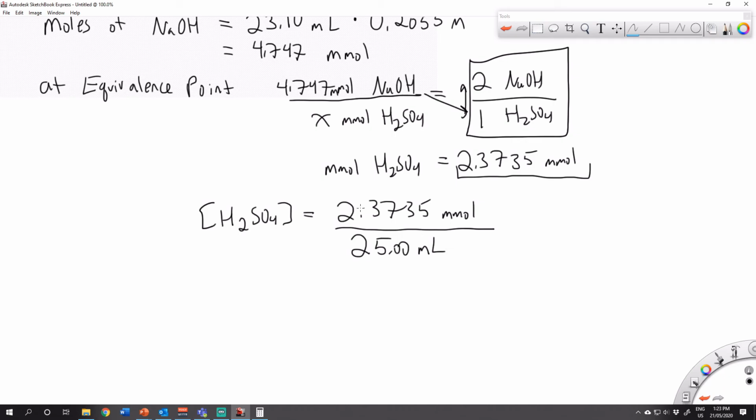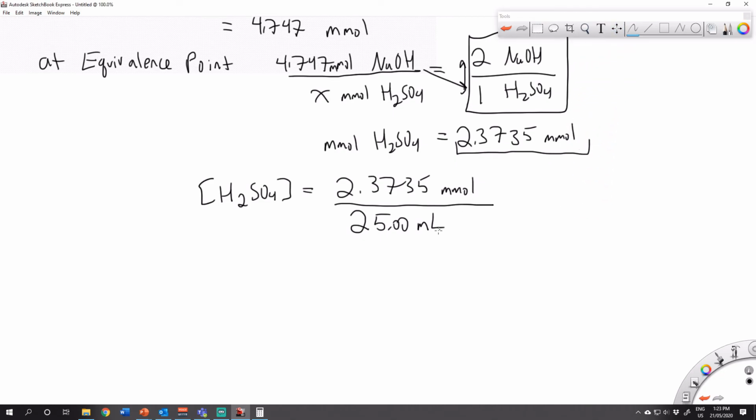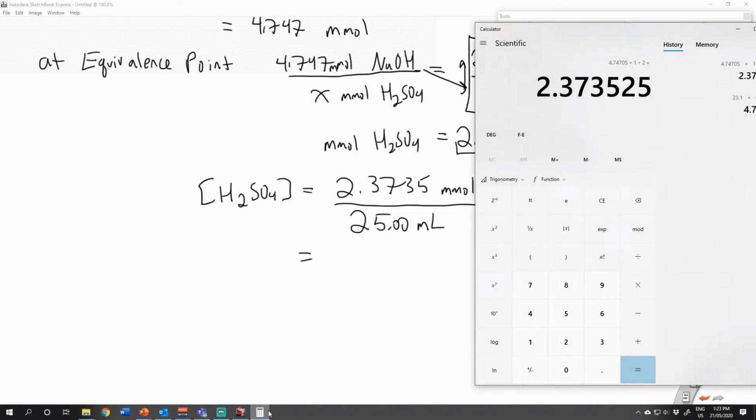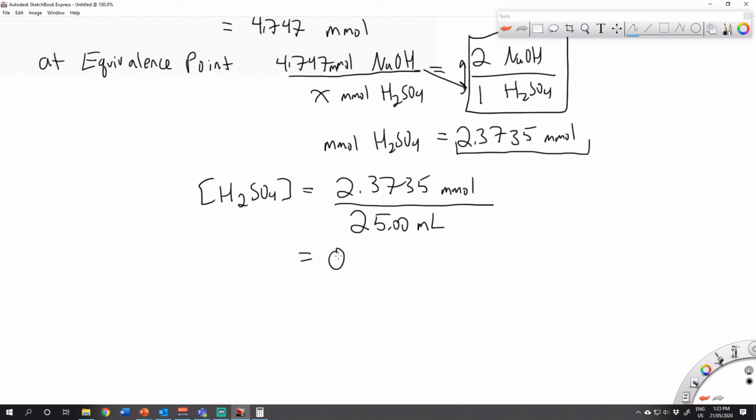If I added them together, that would give me the diluted solution of H2SO4 if I were to increase the volume. But because our volume of H2SO4 started out at 25 milliliters, that's what we're going to use to calculate the concentration. So, carrying out this calculation, divide by 25, we get an answer about 0.09494 to 4 significant figures.